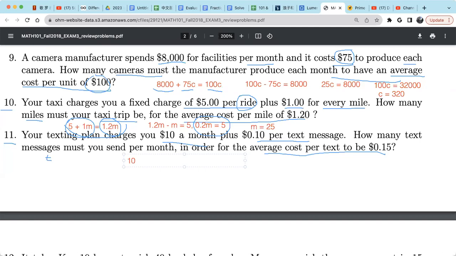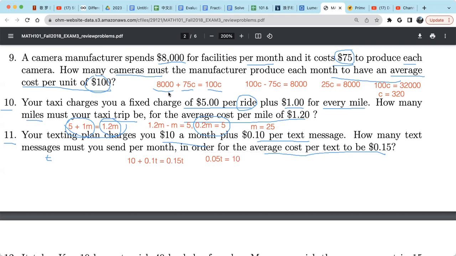So $10 is a one-time charge. 0.1 is for each text. Let's say you have T many texts. Then averaged out, 0.15 T. Then we combine like terms. We use 0.15 T minus 0.1 T, we get 0.05 T equals 10.